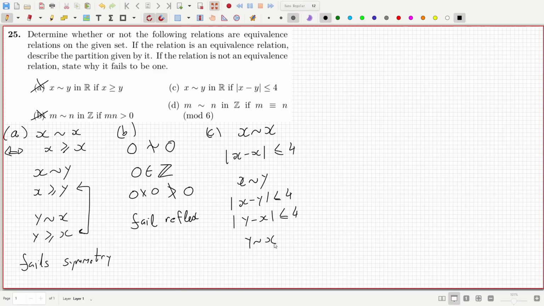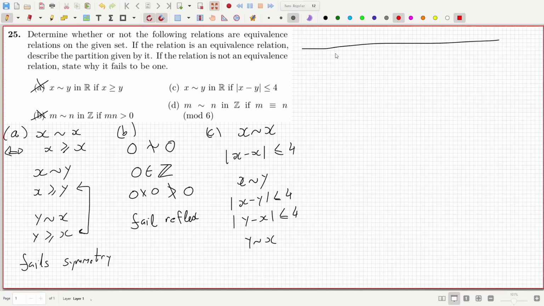So that's that. But the tricky one is transitive. A number line might help me here.